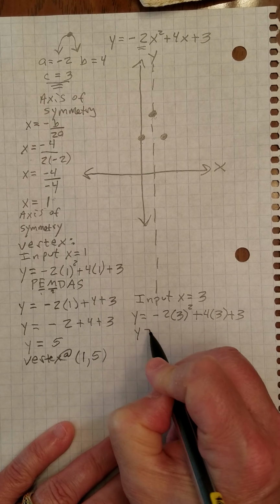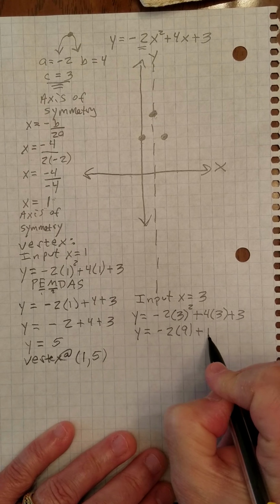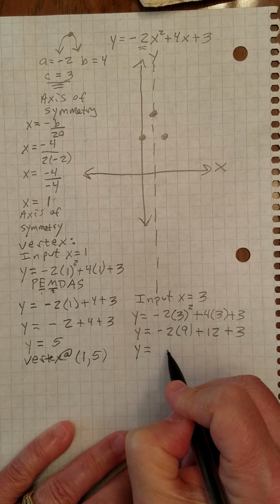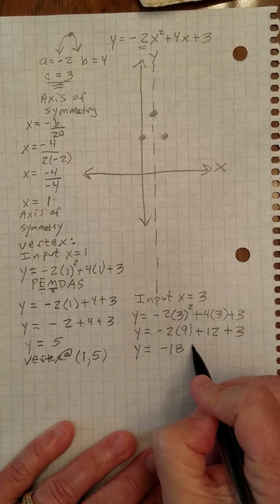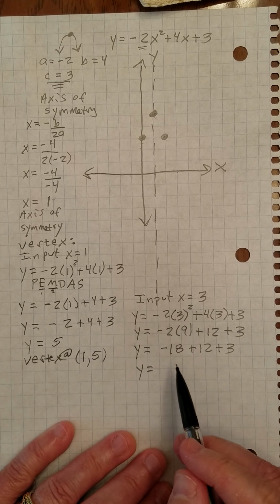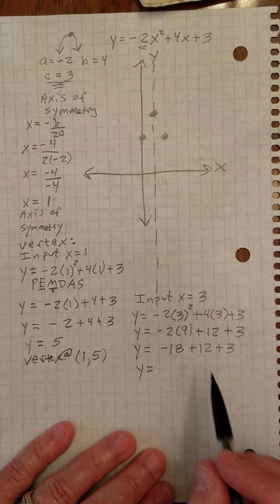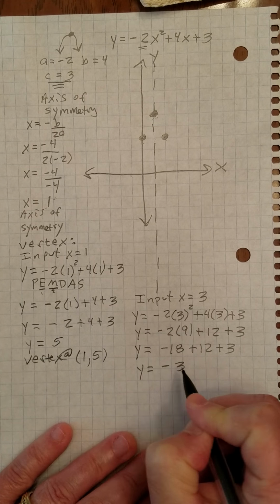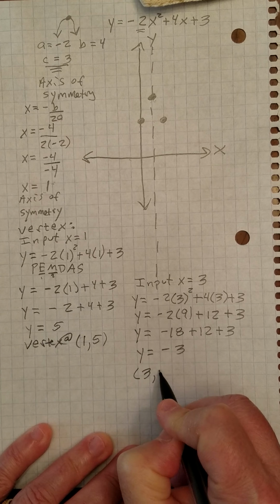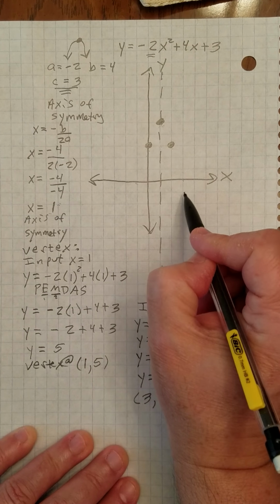So y is going to be equal to -2 times 9 plus 12 plus 3. Y is equal to -18 plus 12 plus 3. So y is equal to -18 plus 15, which is -3. So we're going to plot the point 3, -3. 1, 2, 3, 1, 2, 3.